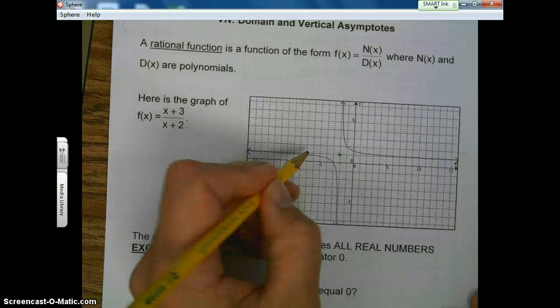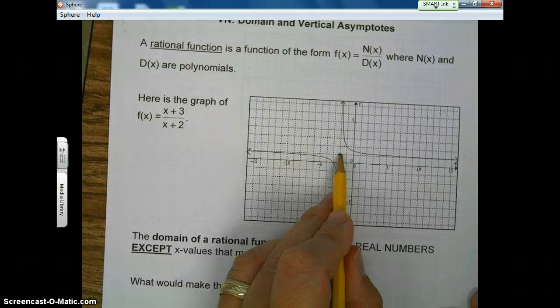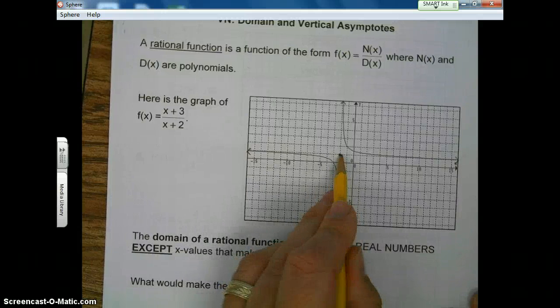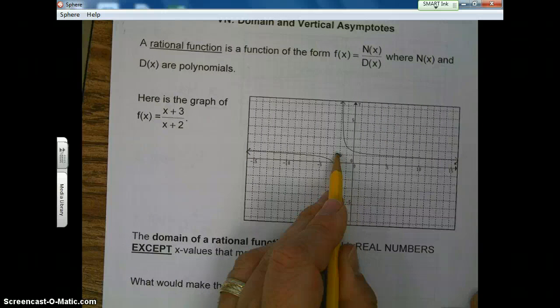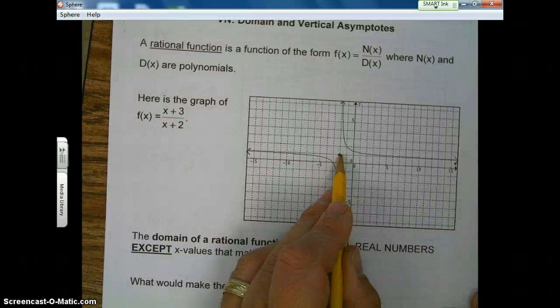So what is it hopping over? That's why I bring up this little point here. If you know the x coordinate of this point, you know what the domain is not.